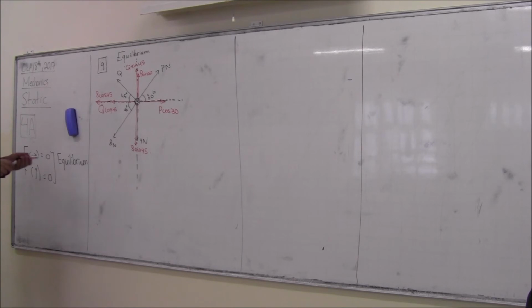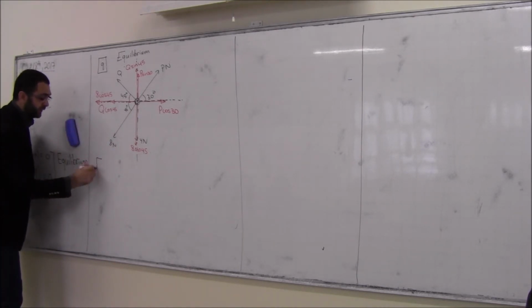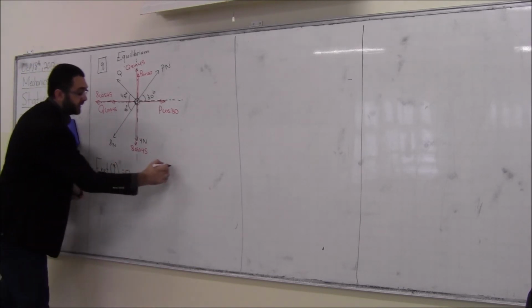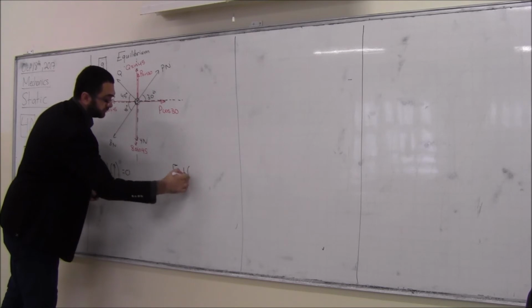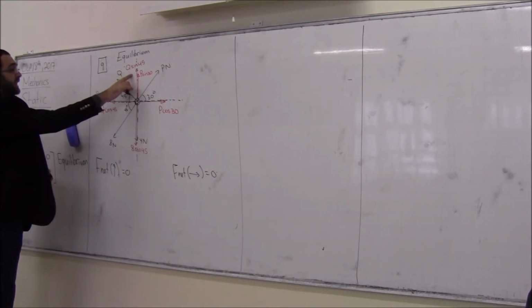Clear? Now apply Newton's second law. F net vertical equals 0. F net horizontal equals 0. What do we have along the vertical axis?